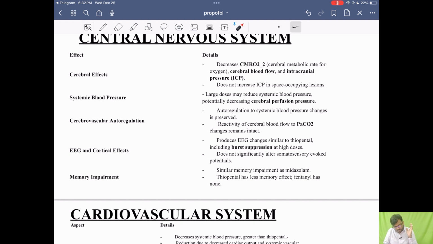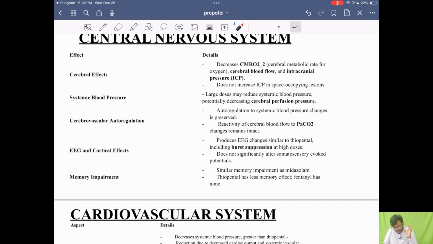Propofol also produces EEG changes similar to thiopentone, which also include burst suppression at higher doses. We will discuss these EEG findings when we try to understand neuromonitoring in a separate class, but for now understand these are the stages of anesthesia which occur with IV administration.